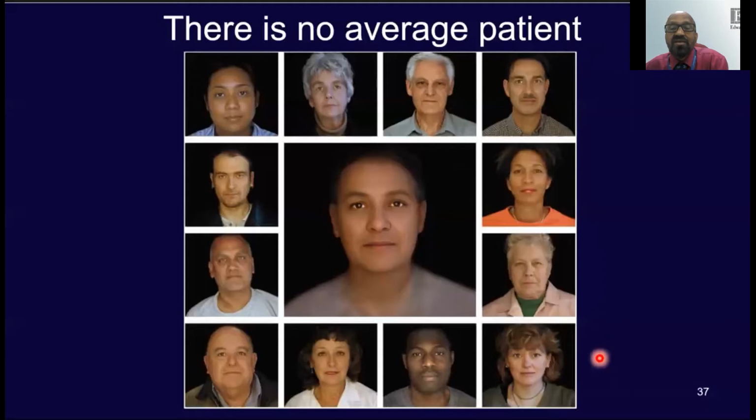If you look at a British village where the artist took pictures of about 2,000 people, morphed them, put them together and got the average picture.